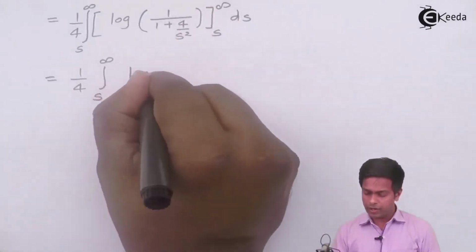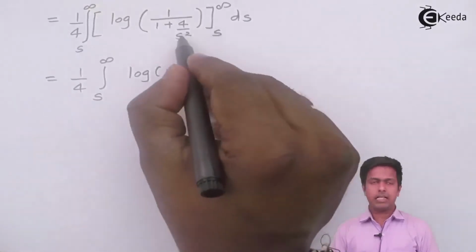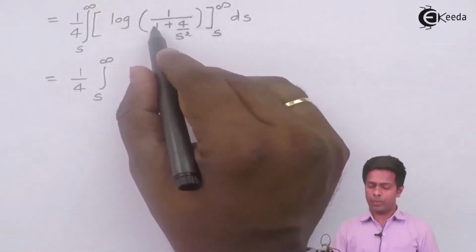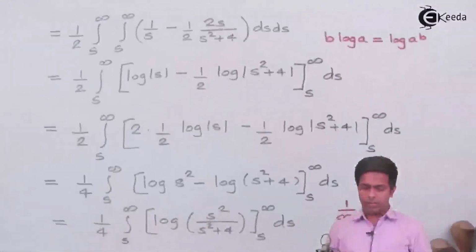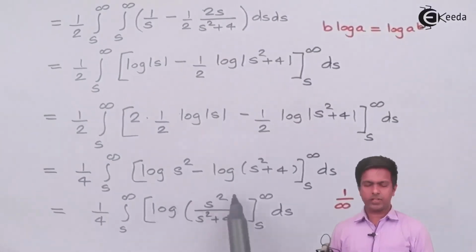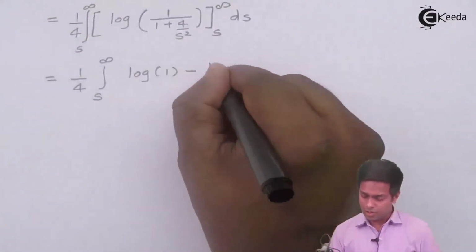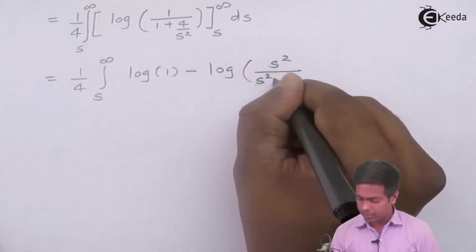So I'll get first value as log 1 minus, if I put s, then we will get the same function, that is log of 1 upon 1 plus 4 upon s square. And this function we got by making the changes in this function. So I'll straightforward write down this function, which is log of s square upon s square plus 4.